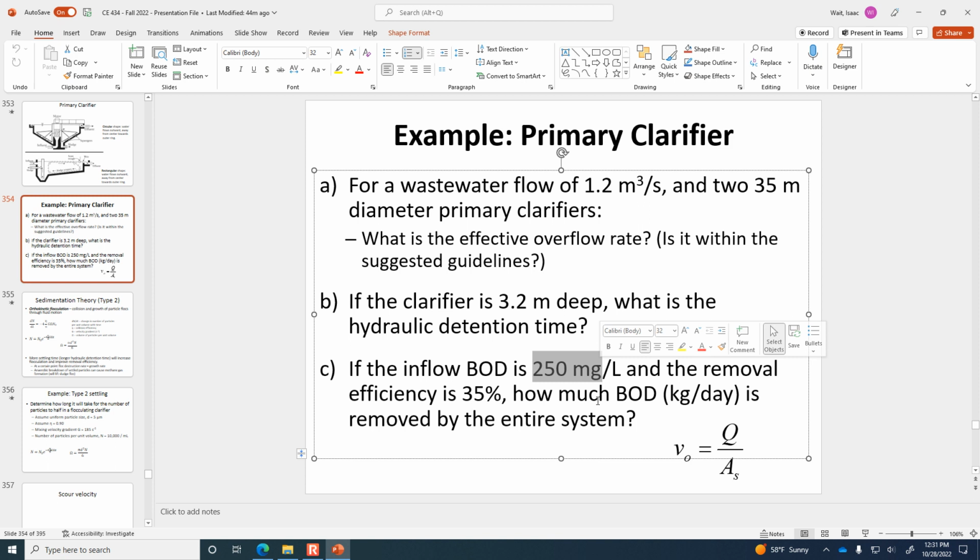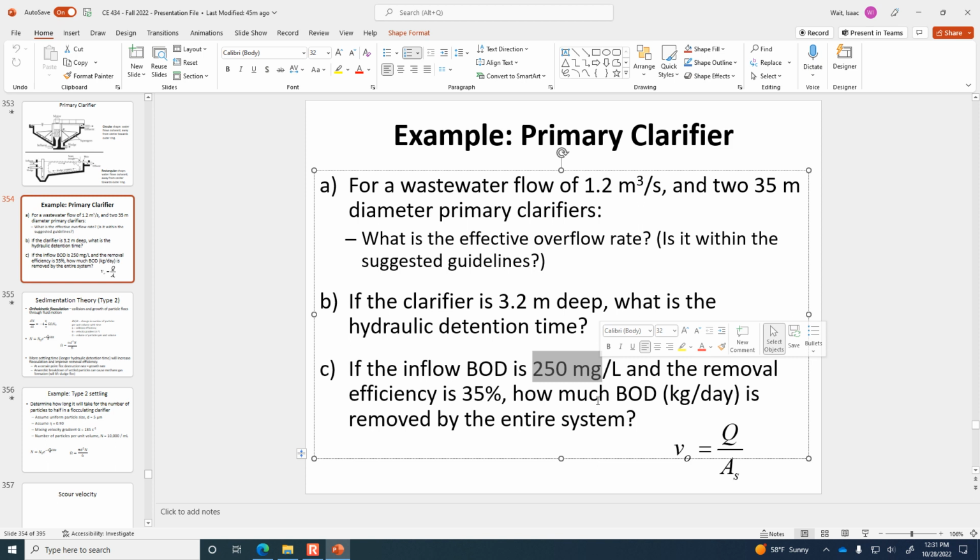That's the overall flow rate. 250 milligrams per liter. Oh, no, that's a mistake. So it'd be 0.25 grams per liter, or 250 grams per cubic meter. Is that right, Josie? Yeah. Sounds like you were going to catch that as well. 250 grams per cubic meter. That's more like it. Okay.